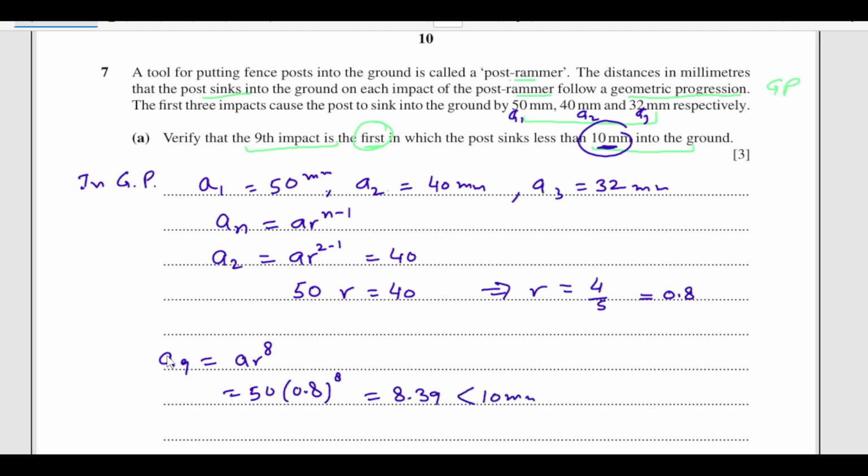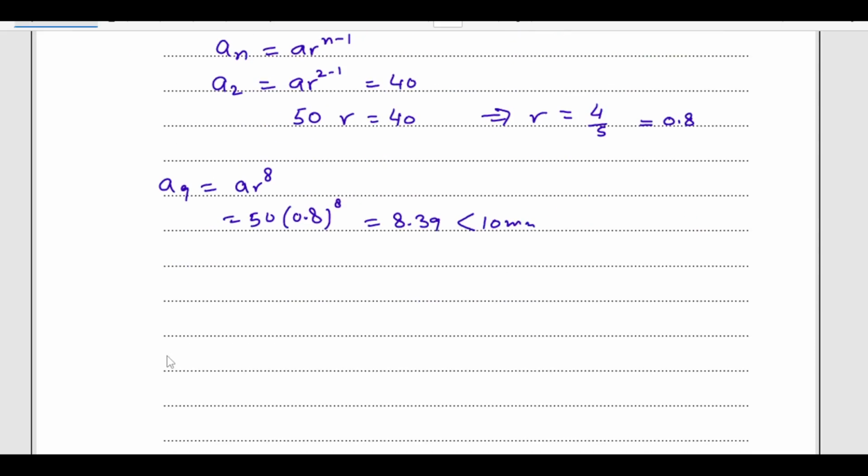10 millimeters. So now let's check the previous term also. This is A9. We can also check for A8. A8 is A R^7, which is 50 into 0.8 power 7, that is 10.5, which is greater than 10 millimeters, right? So that means A9 is the term that is giving the first time that the sinking is less than 10 millimeters.